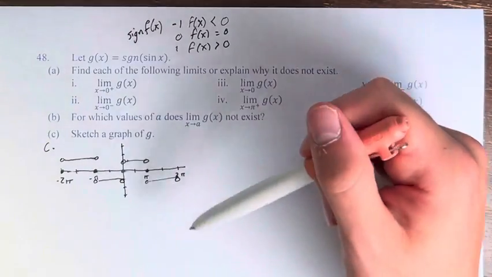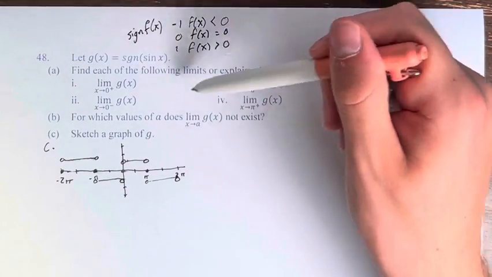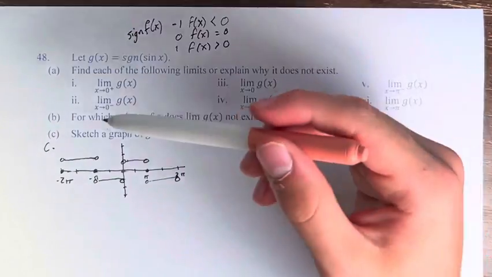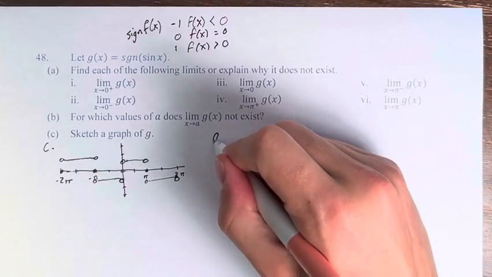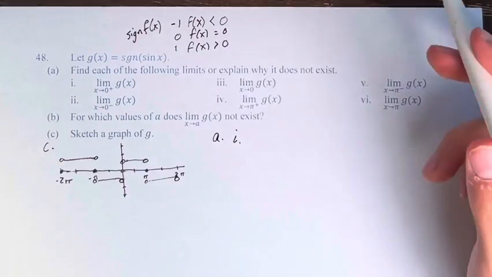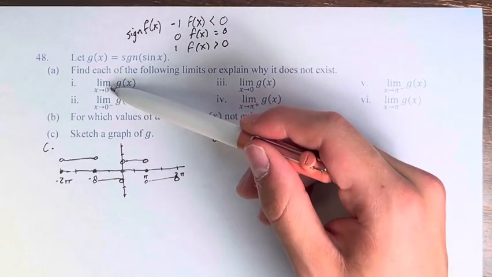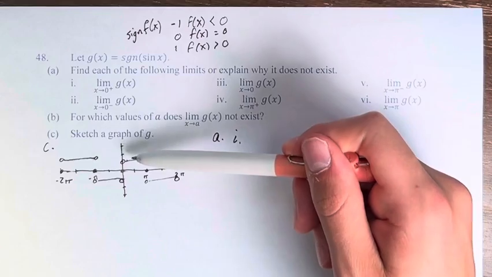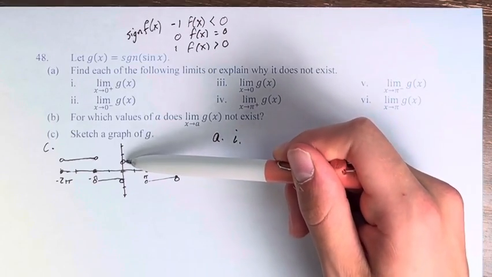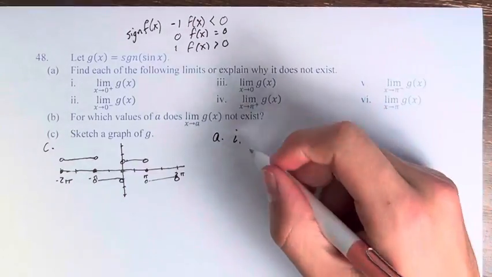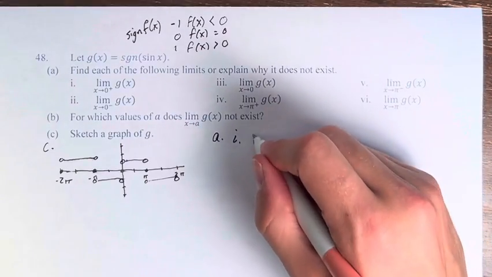So we're going to use this, rather than the more abstract definition of it, to find the following limits. For 1, we have the limit as x approaches 0 from the right of this function. So we're approaching 0 in the positive values, so we're approaching from a value of 1.